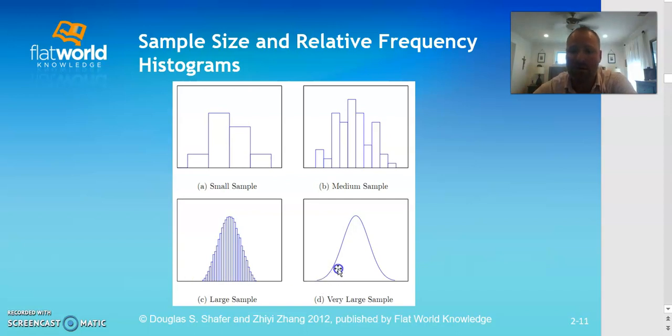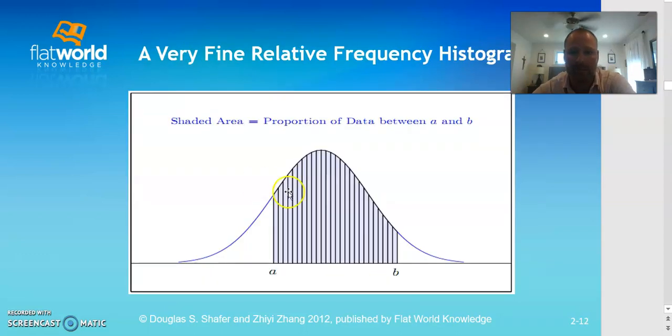But notice it's a very large sample. You can't even see the bars anymore because there's so many of them, and it just turns into this smooth, nice little curve here. Okay. So a very fine relative frequency histogram would represent this shaded portion of data, the portion between A and B.